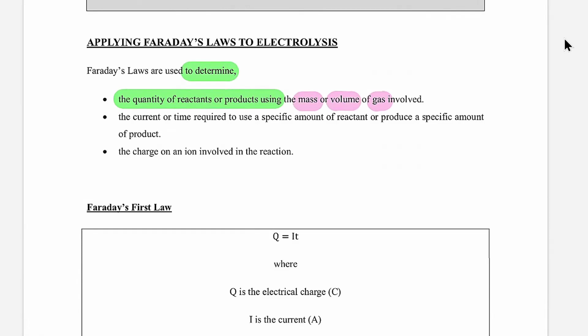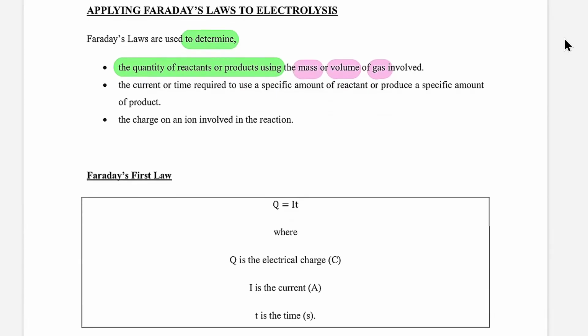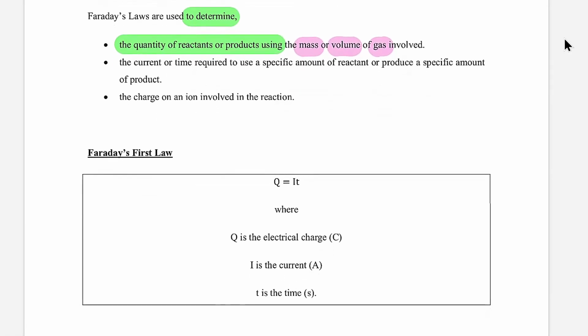So what we are going to find out is the quantity, right? We need current or time to produce a specific amount of products.